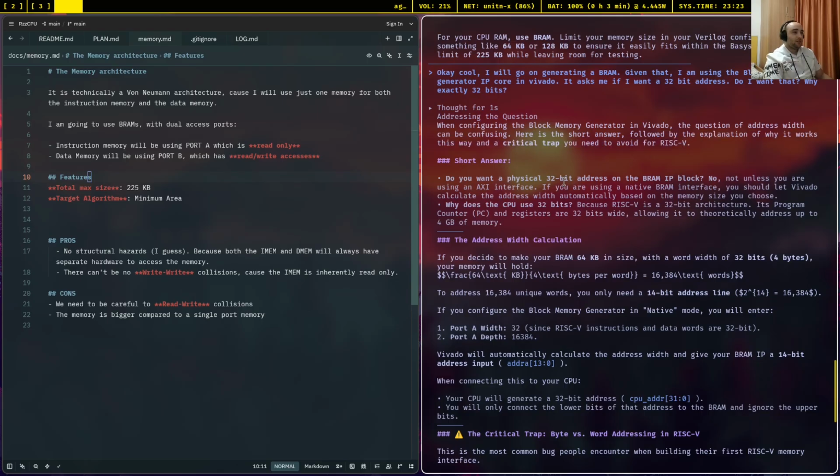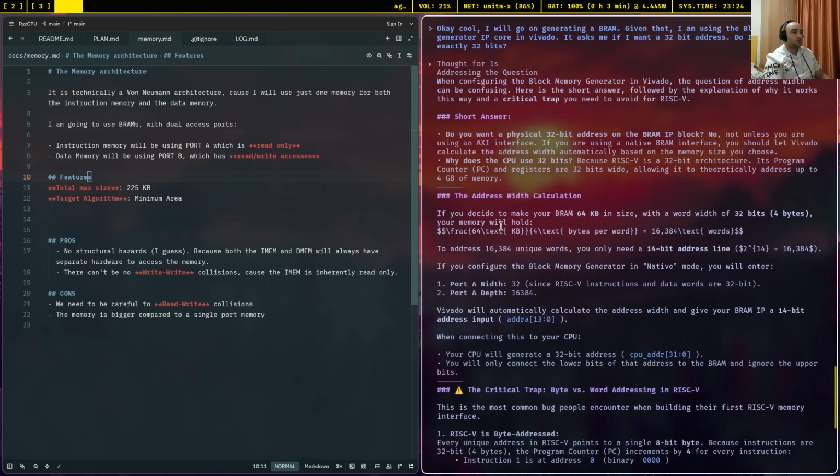Do you want a physical 32-bit address on the game? No. Not unless you're using an AXI interface. If you're using a native VRAM interface, you should let Vivado calculate the address width automatically based on the memory size you choose.